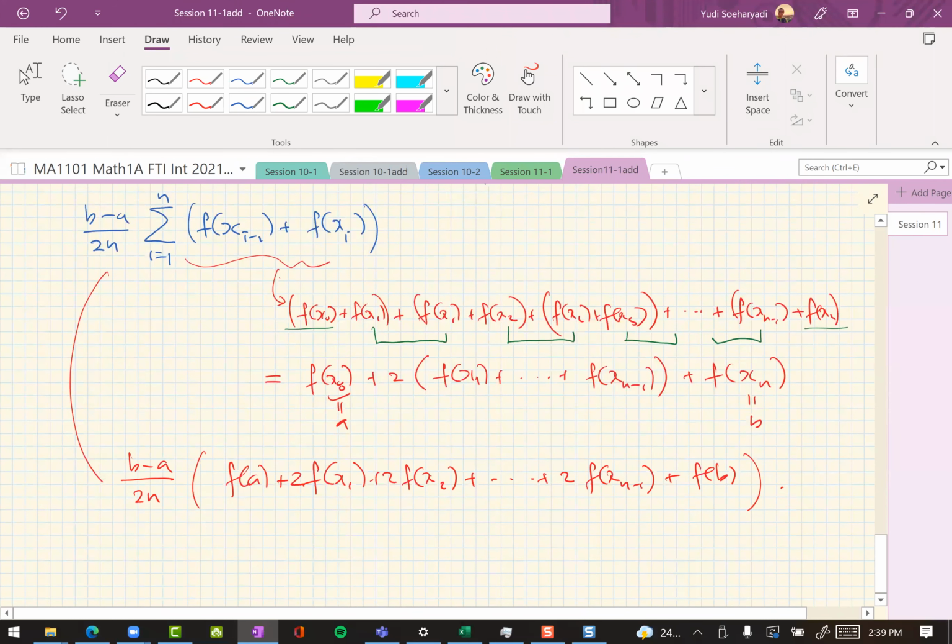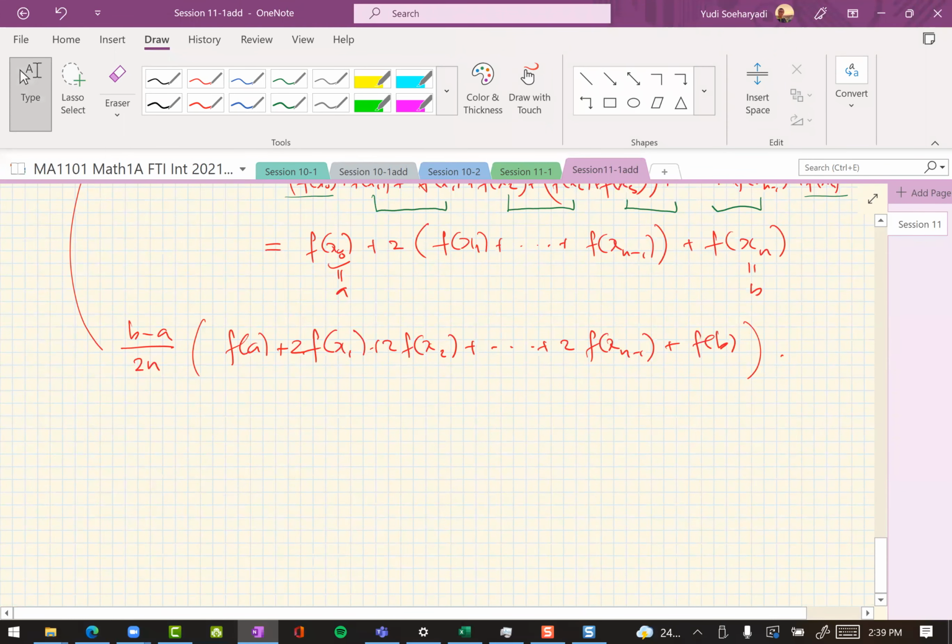Okay, and so the approximation of the sine integral using the trapezoidal rule, let's divide it into 4.